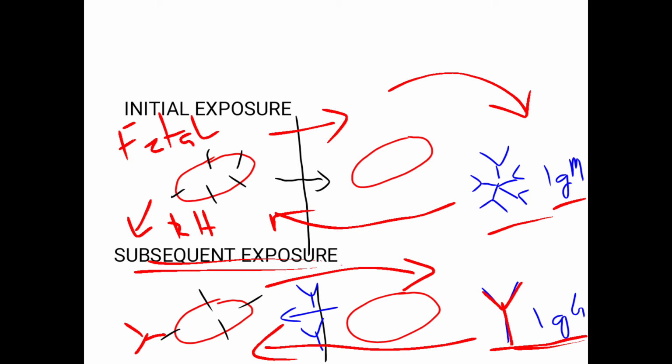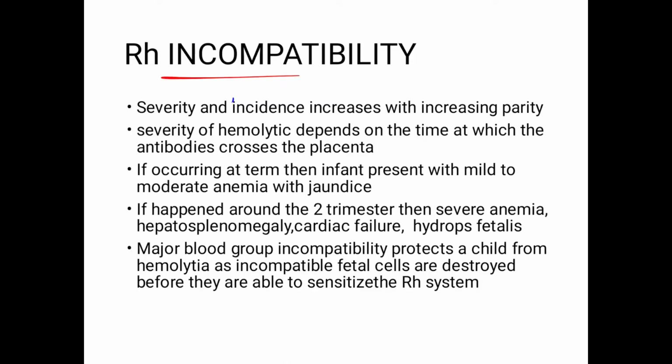So it results in hemolysis and anemia developing as a result of the immune response to subsequent exposure. In Rh incompatibility, severity and incidence increase with increasing parity, so the chances of the child developing this disease increase with subsequent pregnancies. Severity of hemolytic disease depends on the time at which the antibodies cross the placenta.